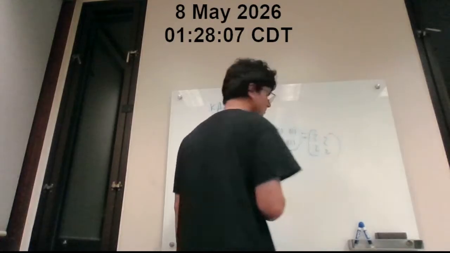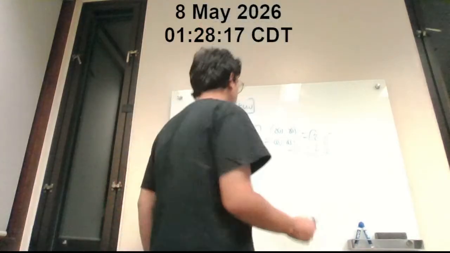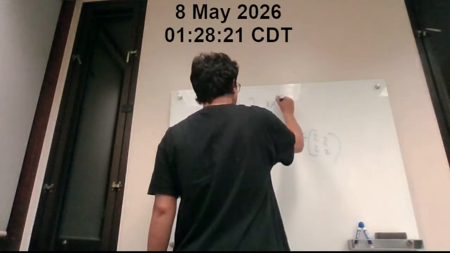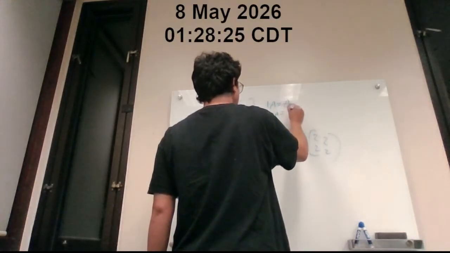I'm only using these very elementary, simple problems just to get by as fast as I can. And also some other theorems that go without saying: 1 times A is just A, 0 times A is just 0.